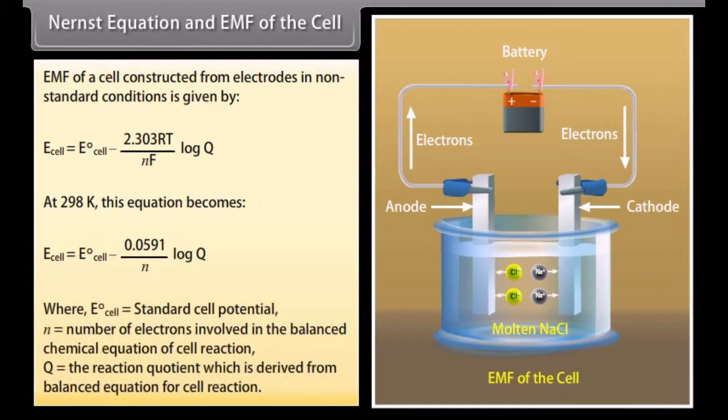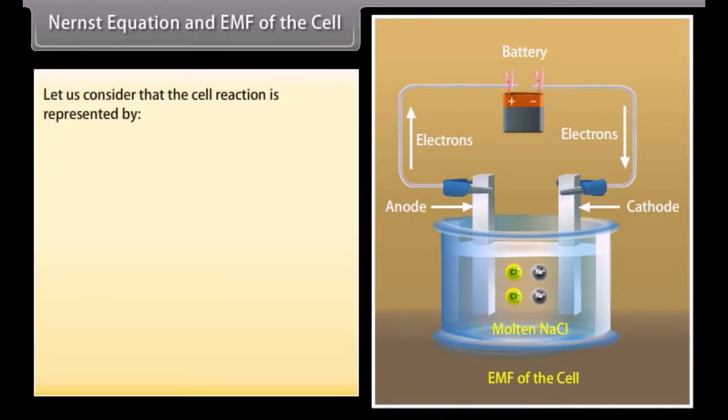Here, E0 cell is equal to standard cell potential, n is equal to number of electrons involved in the balanced chemical equation of cell reaction, Q is equal to the reaction quotient which is derived from balanced equation for cell reaction.